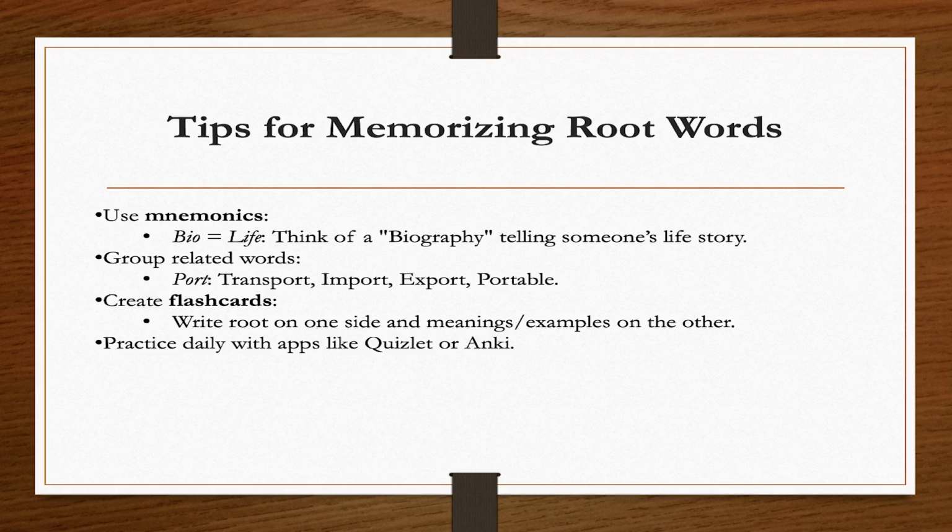Biography, biology, autobiography, biosphere, all the words that are related to the root bio. Bio here roughly relates to life, to telling someone's life story. So if you find the word bio, you must understand that it is related to someone's life.